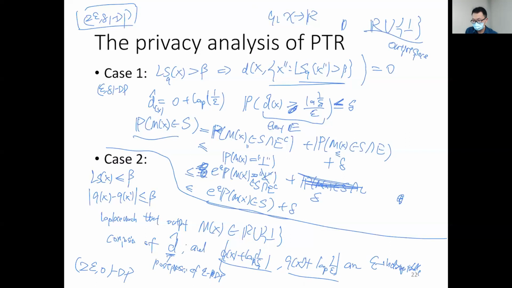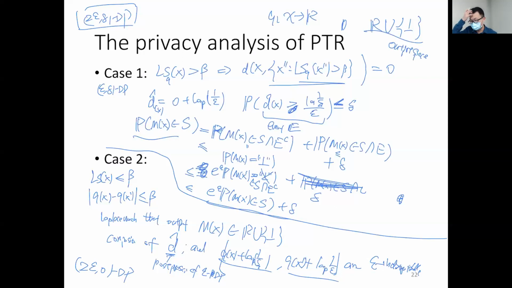Right, so it's a direct generalization of the previous analysis. The reason why we get the 2 epsilon is because the final output is now different, right? So in the previous case, when Qx is equal to Qx prime, then whether you add noise at all, you get epsilon 0 DP, because it's only coming from this d hat, the post-processing of d hat in deciding whether you want to output this tilde, or just perp.